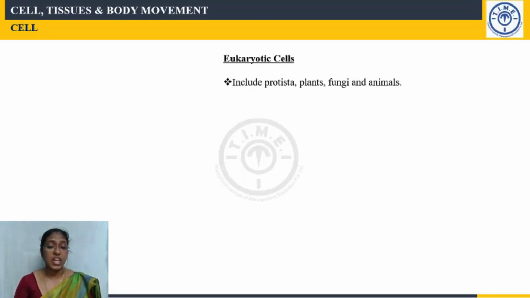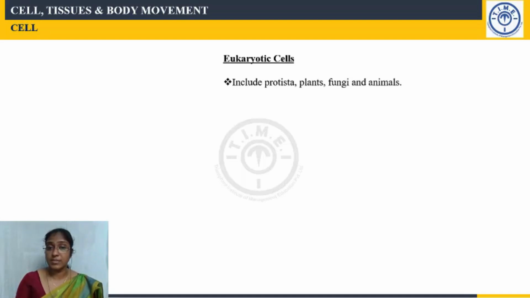What are the eukaryotic cells? Eukaryotic organisms consist of protista, plants, fungi, and animals. This is the classification of these organisms.